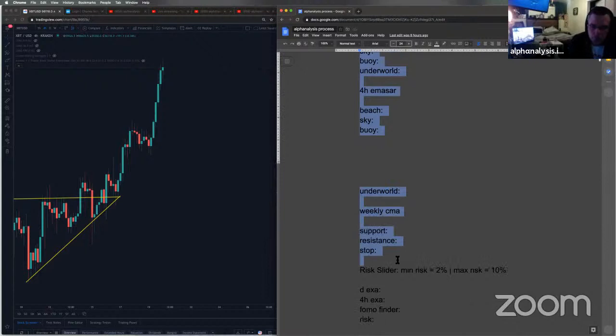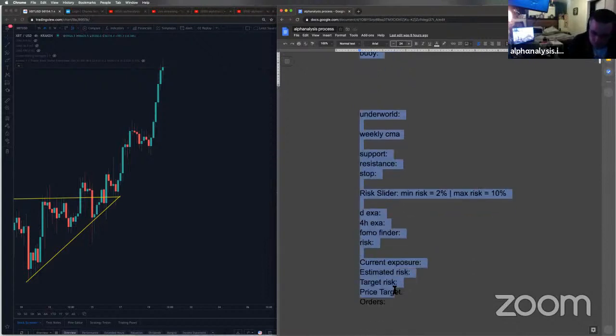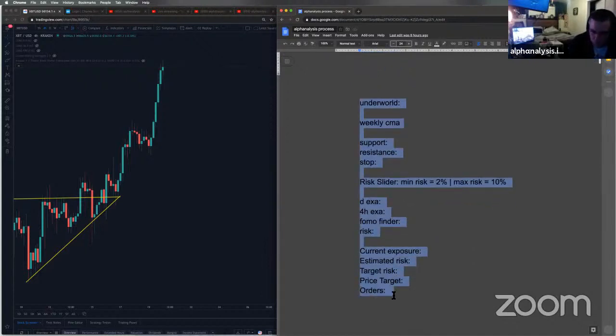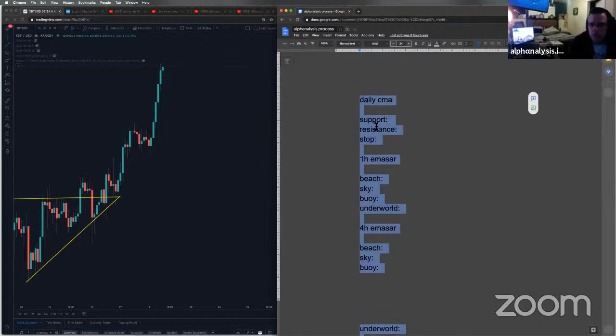So here's what I do: I just have a template for the indicators and things that I want to look at, because I'm going to be looking at this for every market that I'm trading right now.